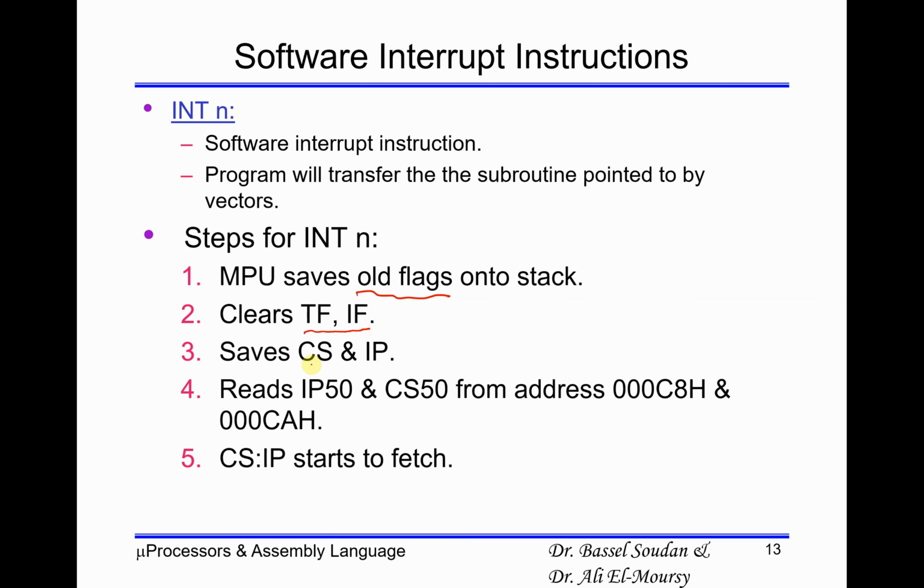Then save the current CS and IP, then read the IP of 50 and the CS of 50 from the APT, the address pointer table, from the locations C8 and the following ones as we just mentioned, and then start fetching instructions for interrupt service routine 50.